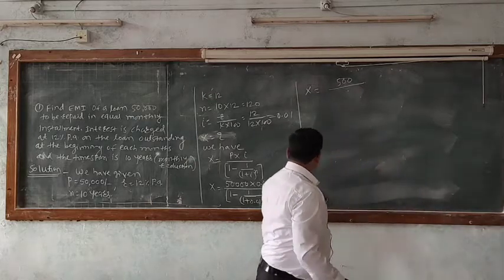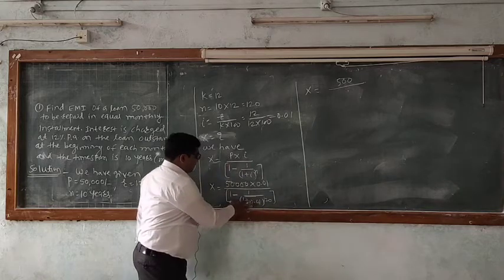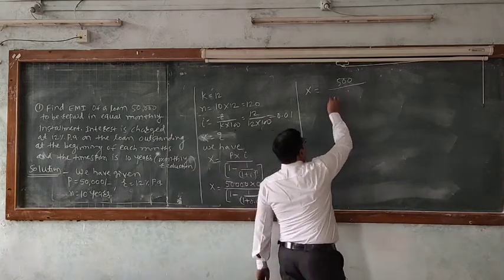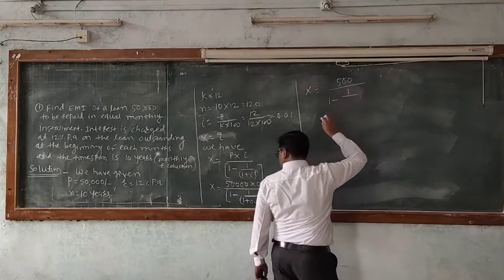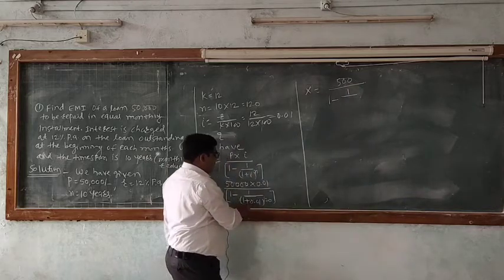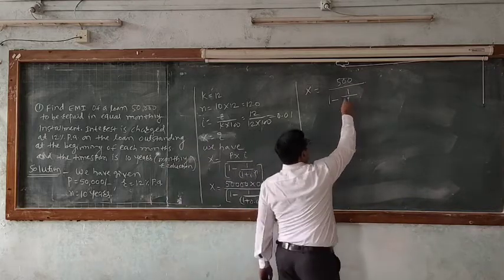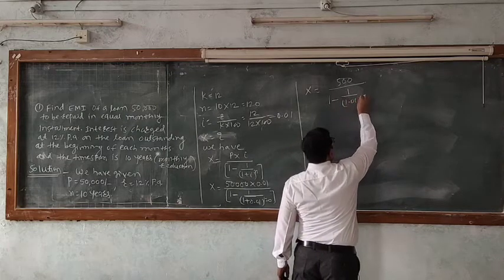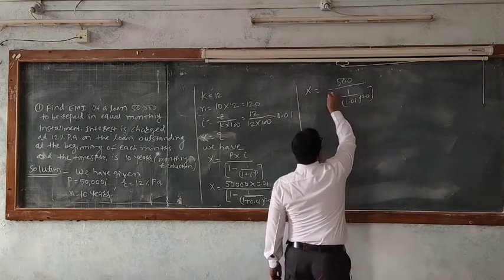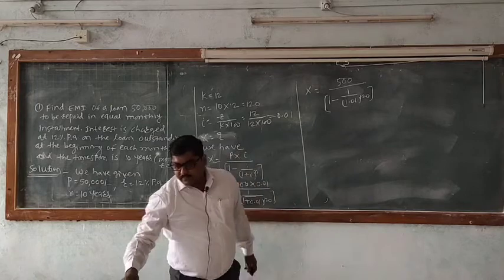So 1 minus, denominator term, 1 minus 1 upon 1 plus I means 1.01 raised to power 120, right?